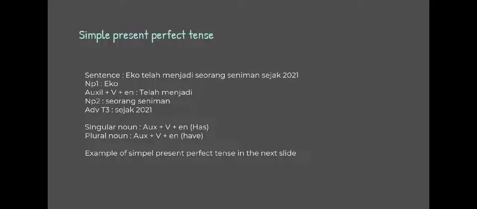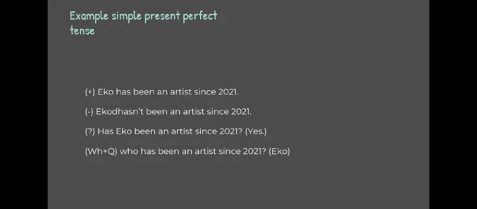And the formula is NP1 Eko, auxiliary plus verb plus n, it's telah menjadi, NP2 seorang seniman, adverb time sejak 2021. And here I just use a singular noun for the subject, so let's check the example that I made. And here's the example of simple present perfect tense.